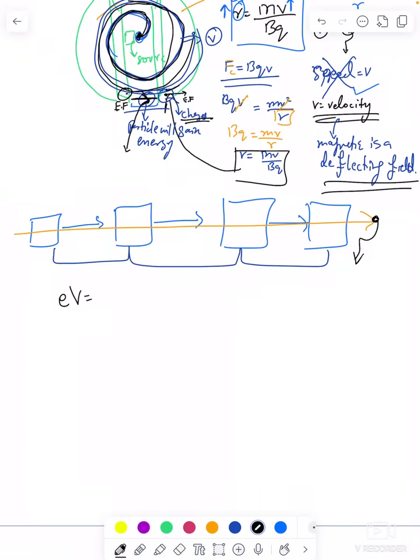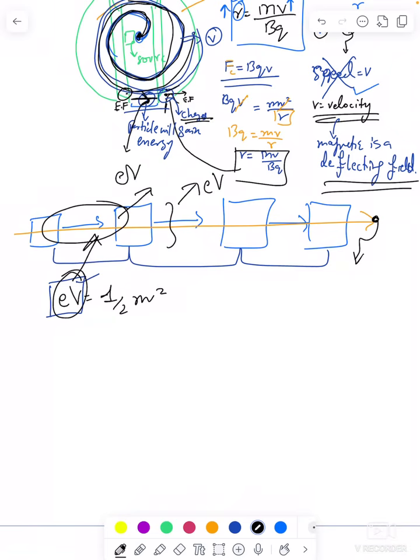When we use eV = ½mv², be sure that the eV, the charge times potential difference, is after passing through a single gap. After passing through this one we have eV times 2. Then the third tube, eV times 3. The fourth, eV times 4. So it increases by the number of tubes.